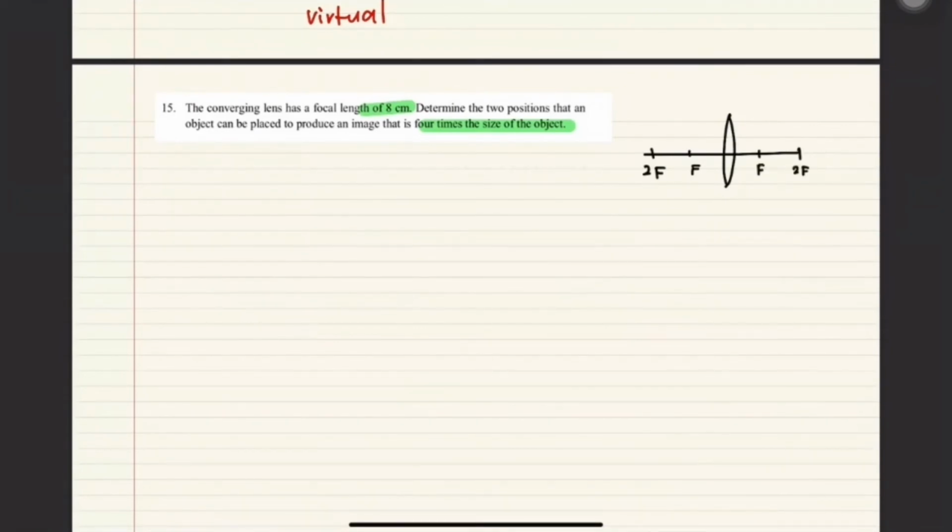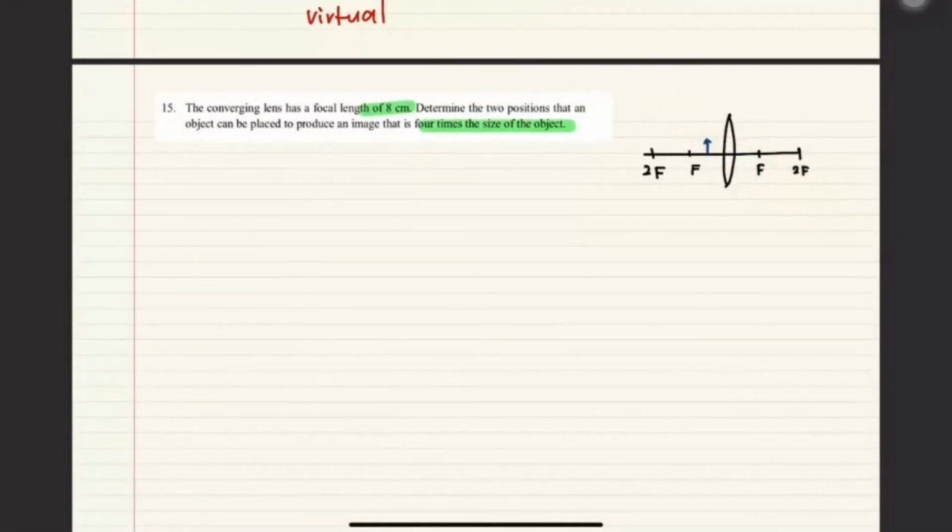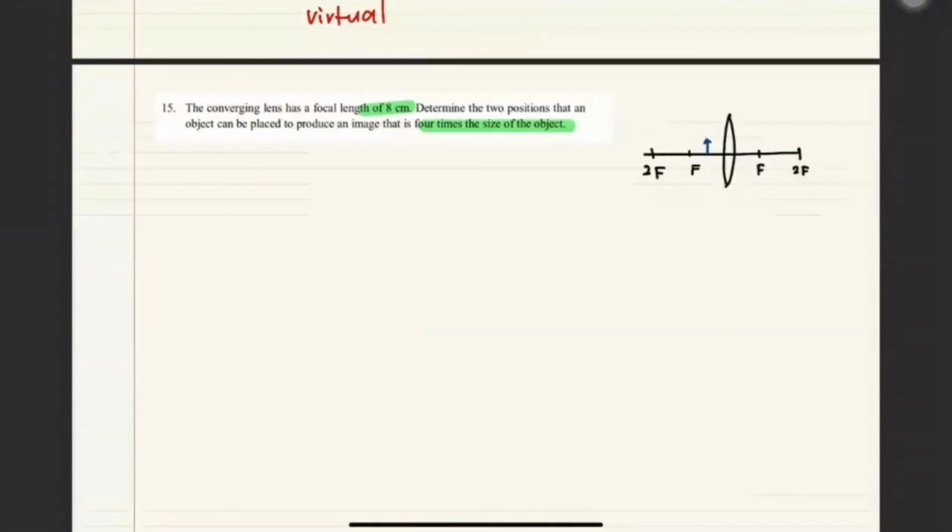Okay. One, bila dia dekat sini, kalau kita bikin ray diagram, you can see that dia macam ni. Okay, so dia punya image tu sebenarnya terbentuk kat belakang sini. Saya tak ingat dia terbentuk dekat mana.